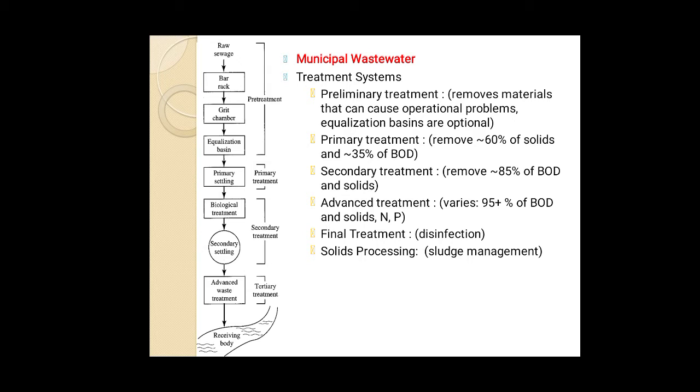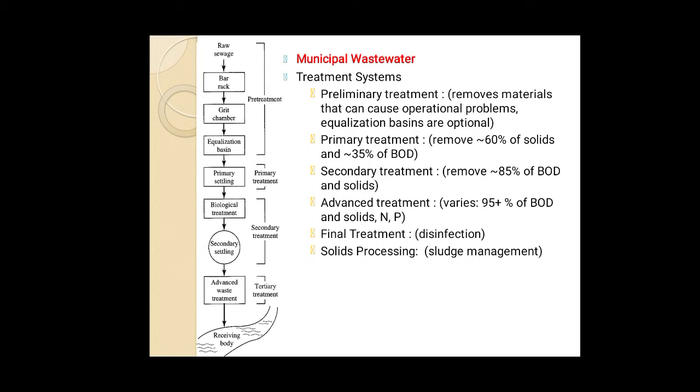After this stage the primary treatment is done on sewage water, where approximately 60% of solids and 35% of biological oxygen demand get removed. After that, in secondary treatment, nearly 85% of BOD and solids present in that water get removed.